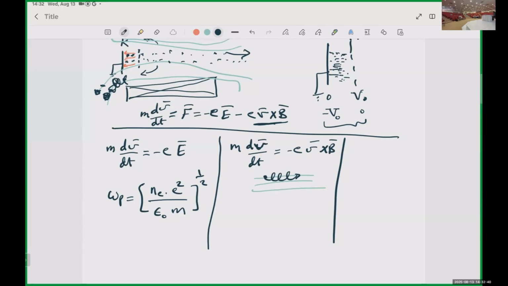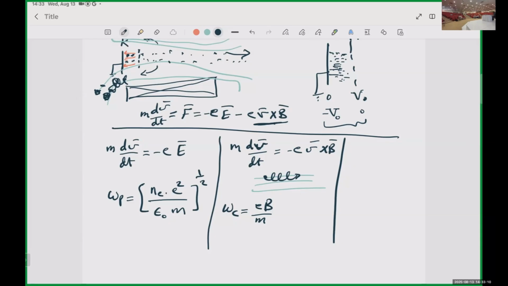What's the name of the frequency of gyro motion in this case? Yeah, so this is the Larmor radius, and the frequency is the cyclotron frequency, correct? So the cyclotron frequency is going to be the frequency that you see the electrons moving with. And if you enhance this, this is basically the basic principle of gyrotron. You can enhance this somehow, and you can design it very well. You can have a source called gyrotron.